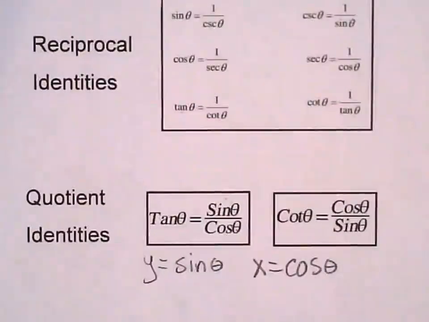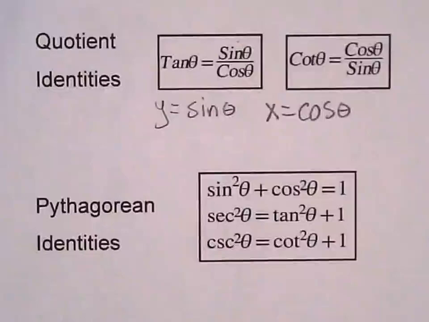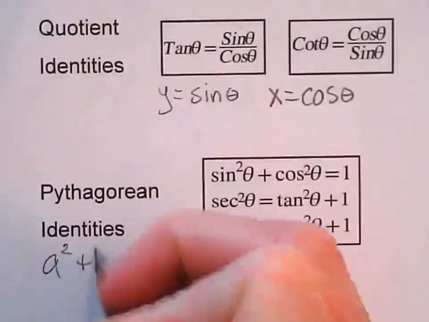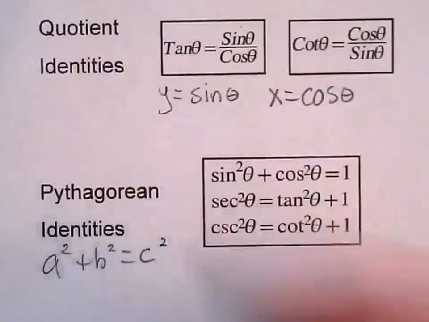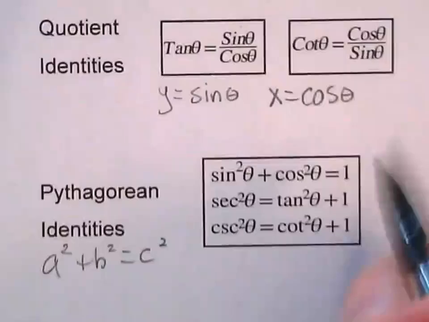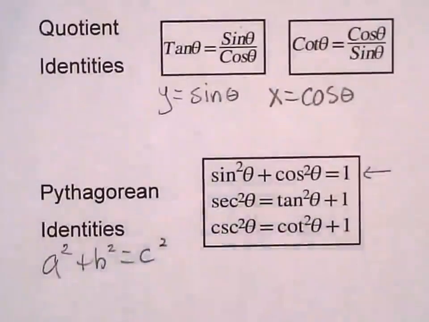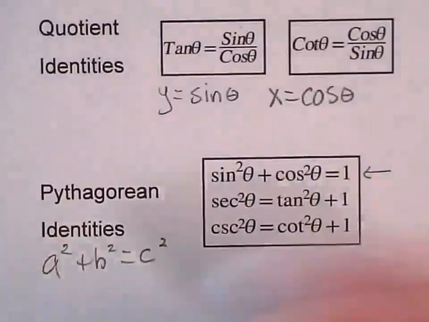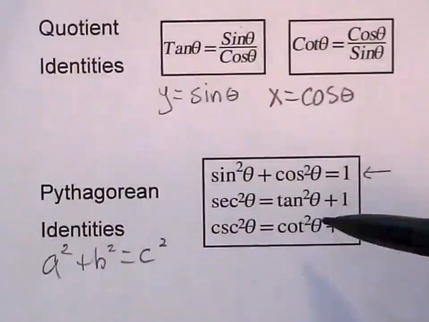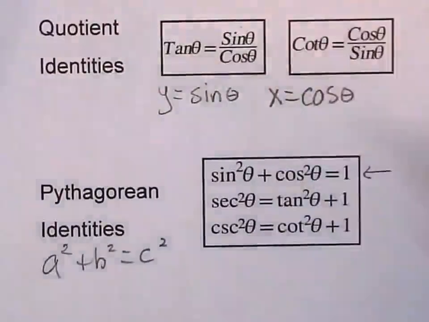If you remember the Pythagorean theorem, a squared plus b squared equals c squared. Well, these are known as the Pythagorean identities. Most popular is this one right here: sine squared theta plus cosine squared theta equals 1. These Pythagorean identities are very identifiable by their square.